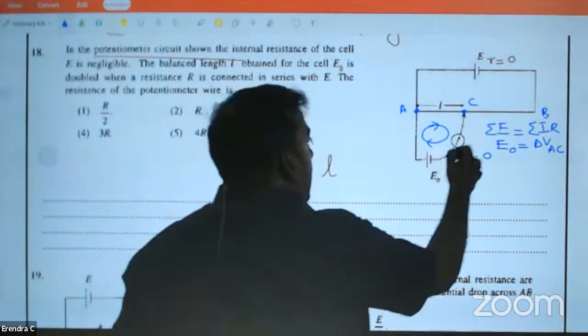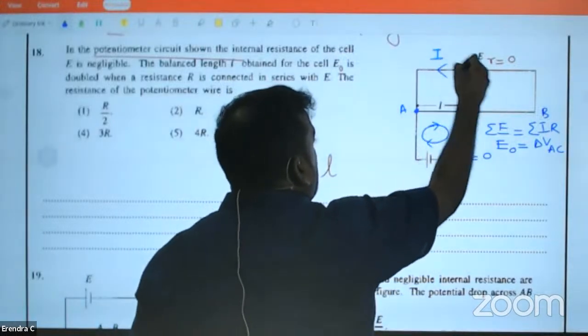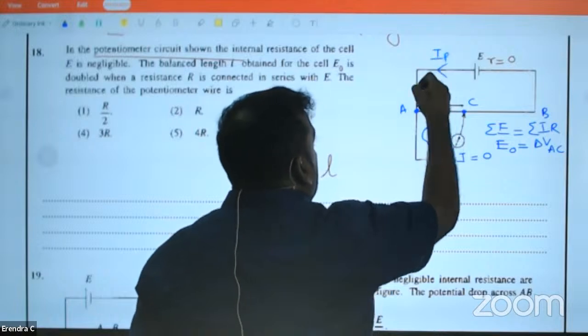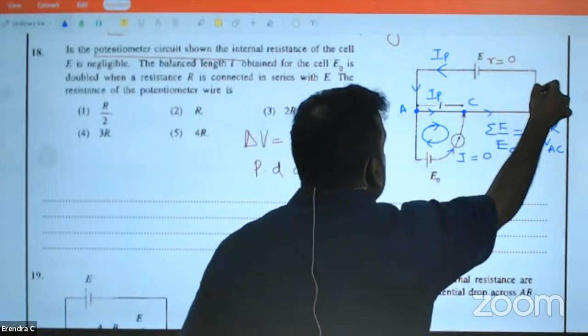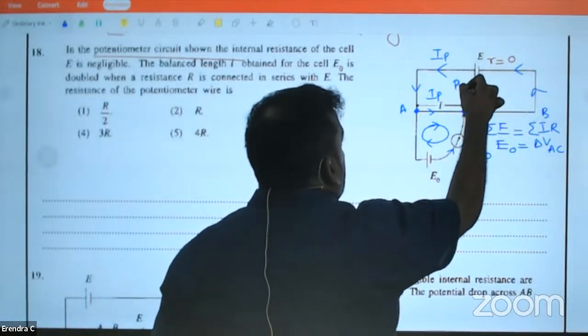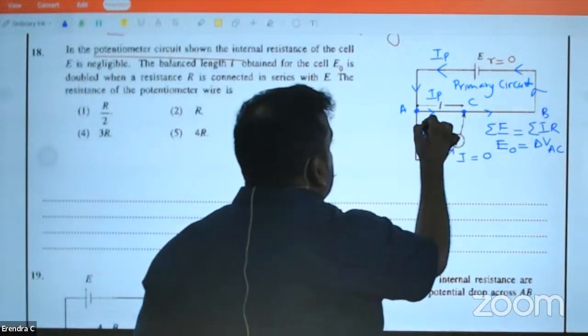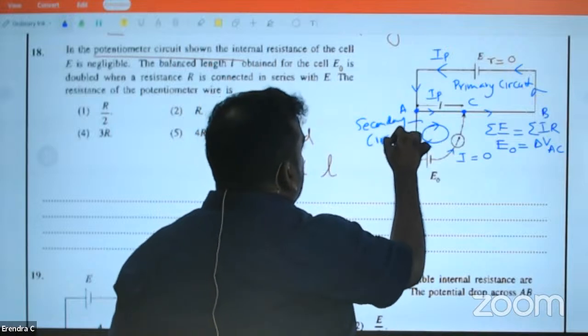Remember, there is no current going here. The only current is coming from the primary circuit. I'll name this IP. The primary circuit current IP will keep going. This is your primary circuit. This is your secondary circuit.